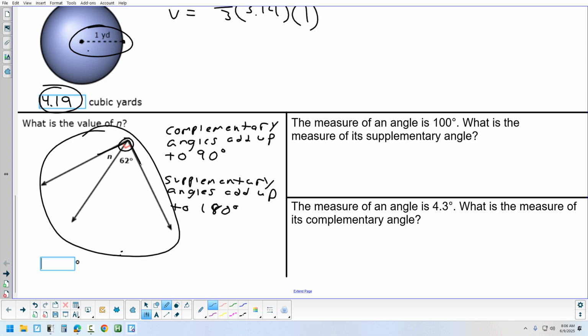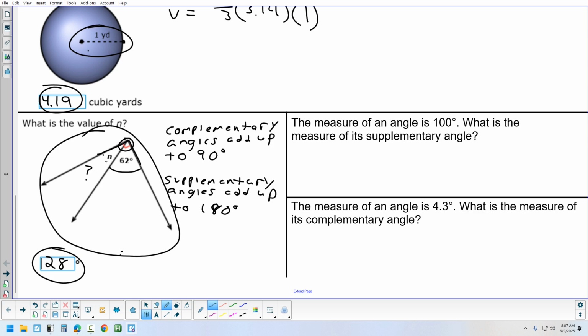So this one's a 62. How do you figure out what that one has to be? Take 90, then subtract 62 from it. So that angle right there is 28 degrees.